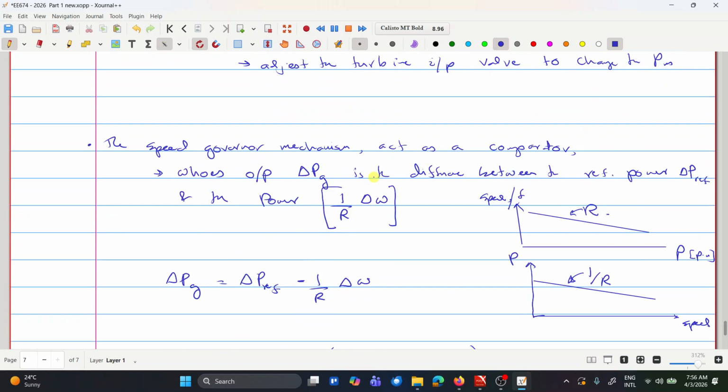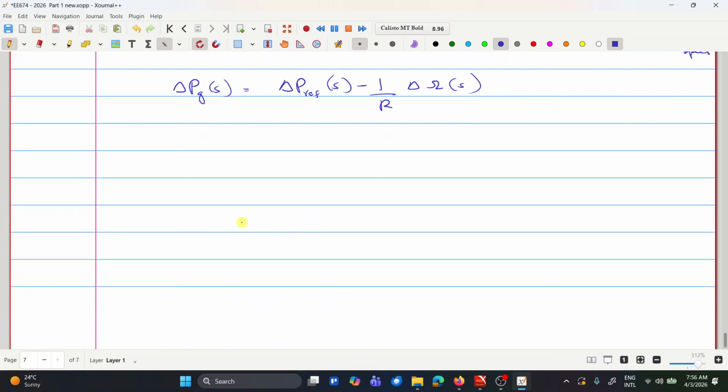That's the output power command. So that would be transferred through the hydraulic amplifier to the speed valve position control command, right?